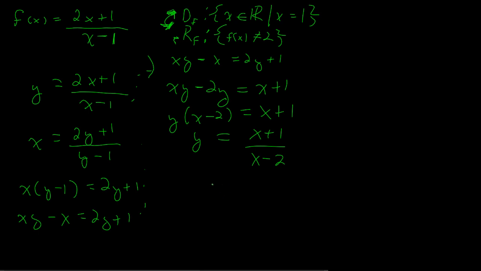And so we're going to look at this and say, hey, guess what? This is my inverse function, x plus 1 over x minus 2. And this inverse function, so the domain of x minus 1, has a restriction where x can't equal 2.